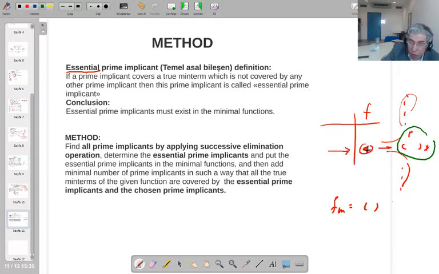Why is that? Because this is a special prime implicant which covers this one only. The other prime implicants do not cover this one. So I gave a special name for this prime implicant: essential prime implicant. In Turkish, temel asal bileşen.